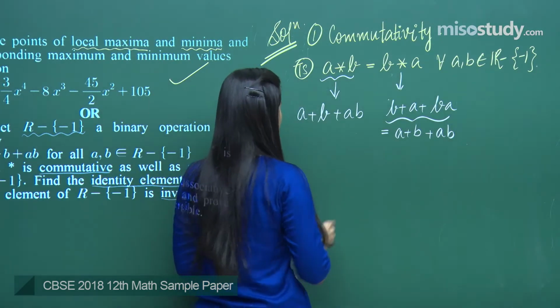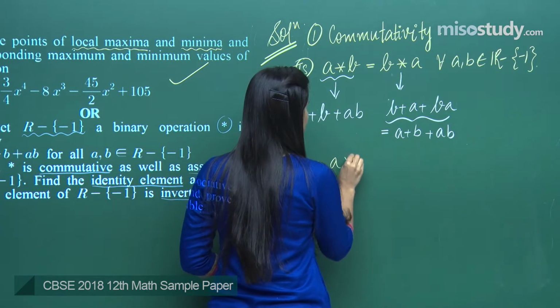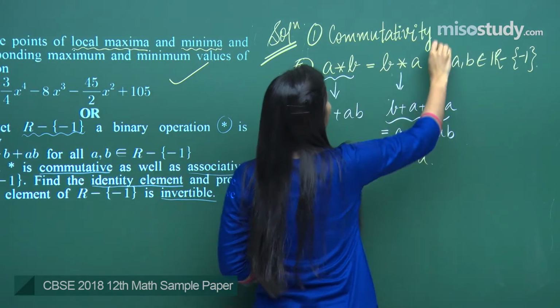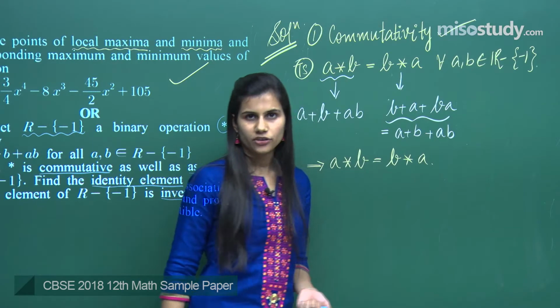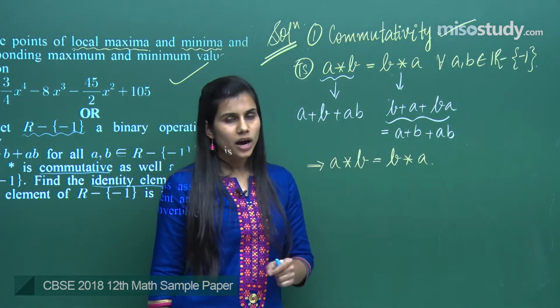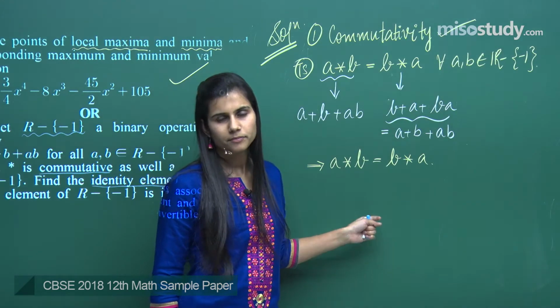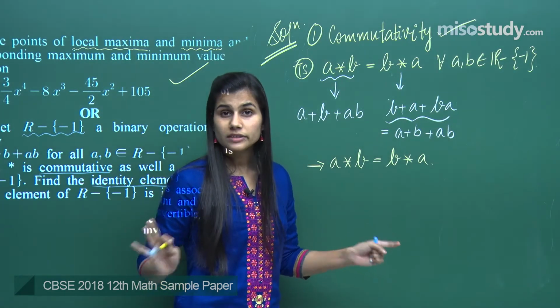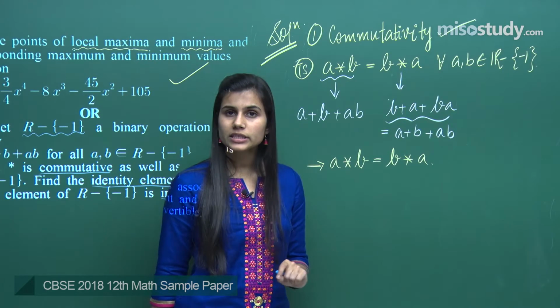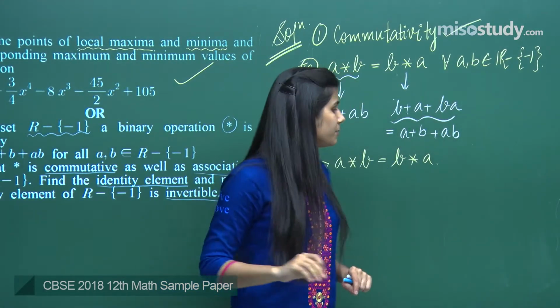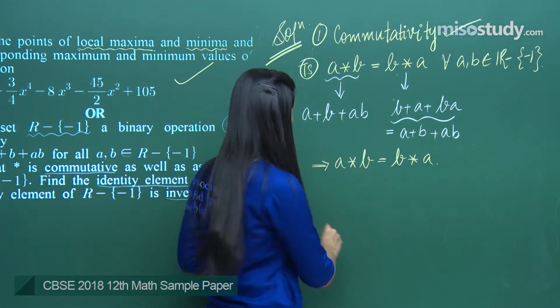This means A star B is equal to B star A, and so yes, this operation inside this set of R minus {-1} is a commutative operation. Pretty nice operation. It is having the property of commutativity. Let's see whether it is associative or not. That would be our next discussion.